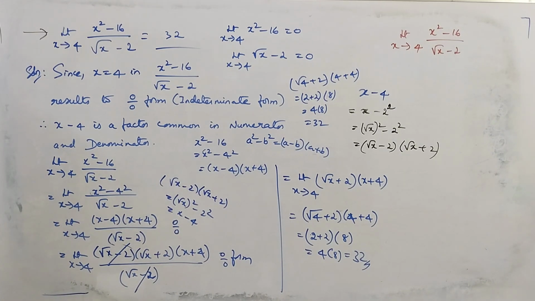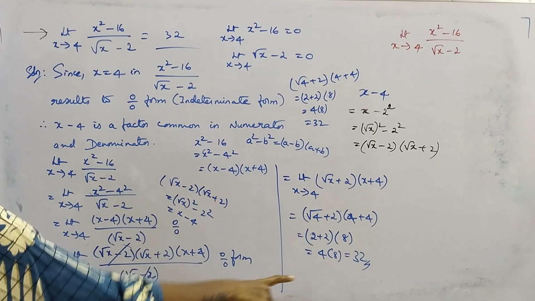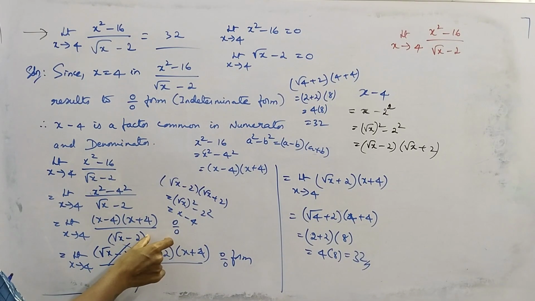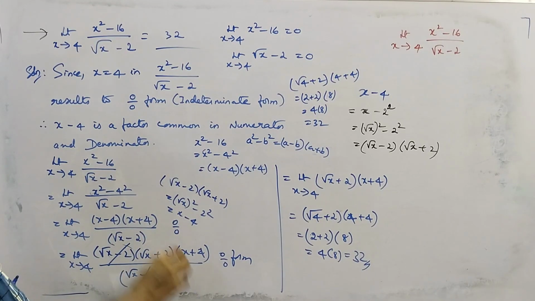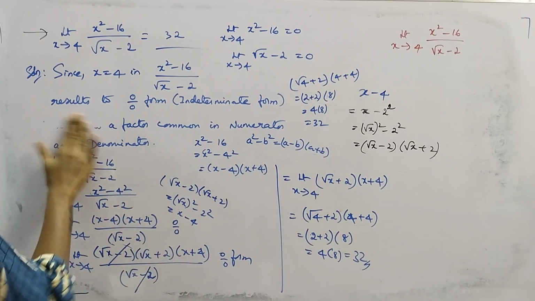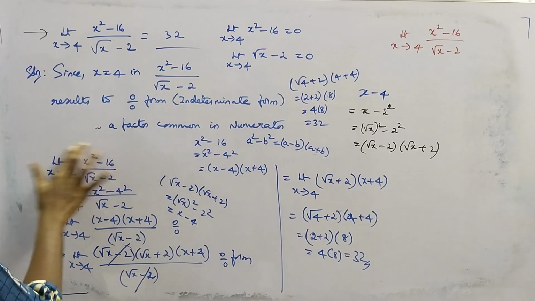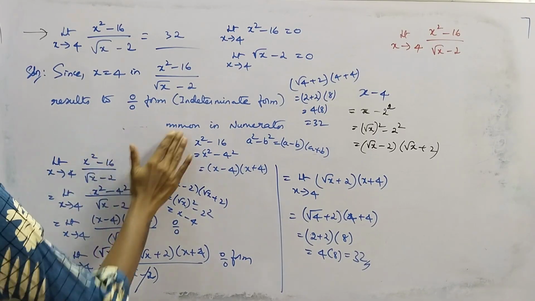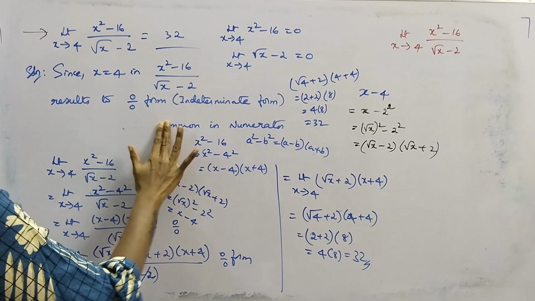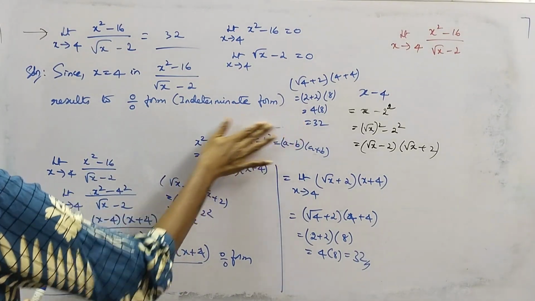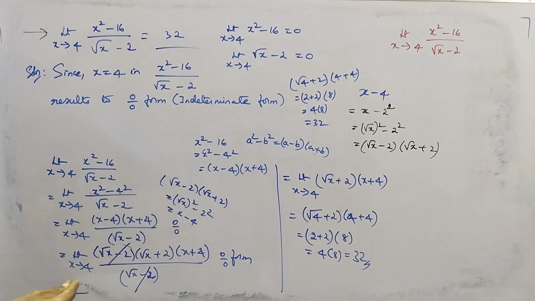Fine. Now I'll show you by rationalizing it. See, if you are doing this process here, we have not written the denominator in terms of x minus 4. So please don't write this statement here. It goes wrong because we don't have any x minus 4 in the denominator. Actually, we'll get x minus 4 in the denominator, but here we have not shown that.